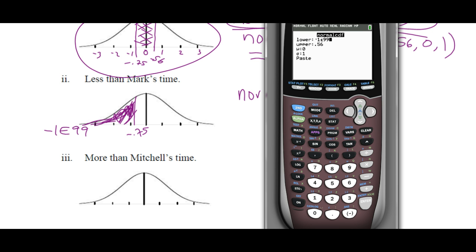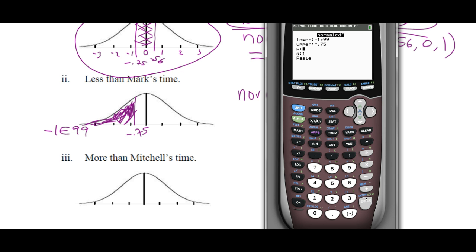So what you're getting is negative 1 times 10 to the power of 99, which is negative 1 and then 99 zeros after it, a really, really big negative number, right? Our upper value is, so what we're saying, normal CDF says, give me the area between negative 1E99 and negative 0.75.